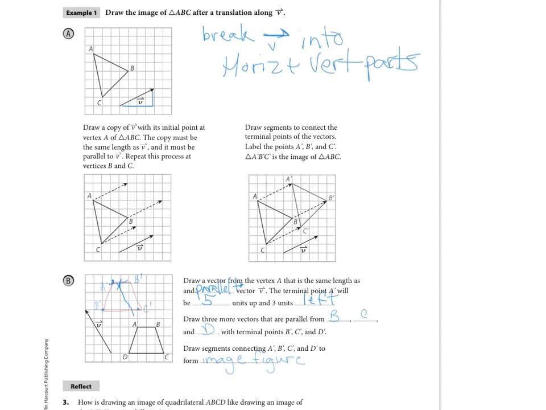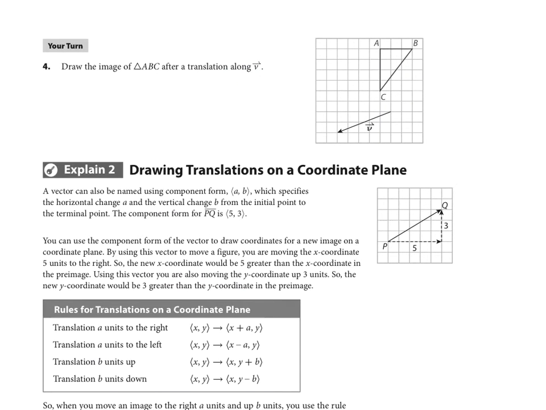I'd like you to do some Your Turns. I want you to do Your Turn number 4 and take the vector that's given to you as vector V, break it down into its component parts, and draw a translation of triangle ABC. So that's your turn. Take a quick pause on the video, and then we'll move on.